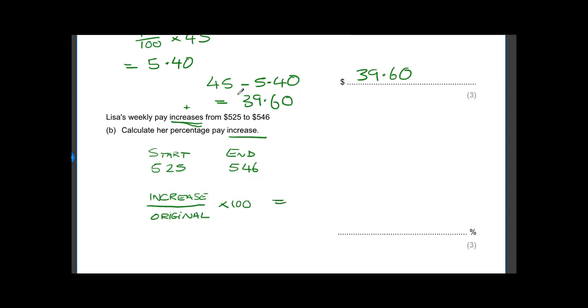So the increase is what? Well, it's 546 minus 525. So you go up by $21, and the original total was 525, and then you multiply by 100. I don't have my calculator with me, but I'm going to guess it's going to be around 4%, something like that.